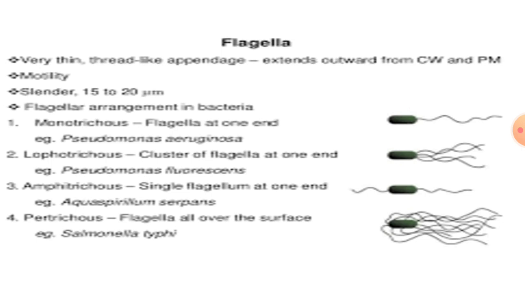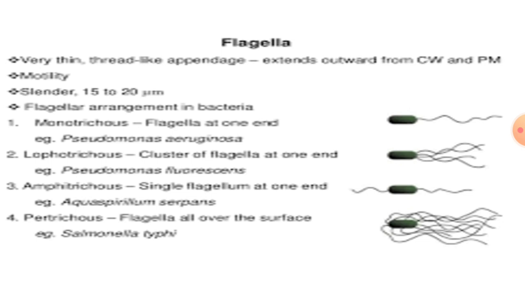Here you can see a single flagellum at both ends. Example, Aquaspirillum. Similarly, peritrichous bacteria. Here flagella are seen all over the surface of the bacteria. That is called peritrichous flagellum. Example, E. coli and also Salmonella typhi.